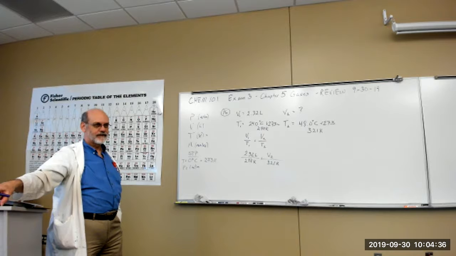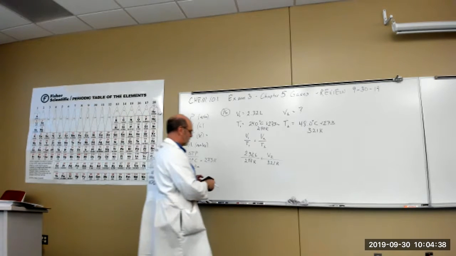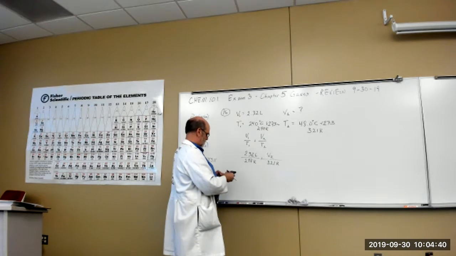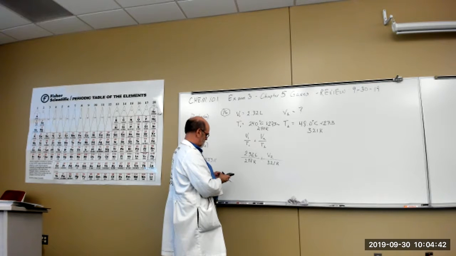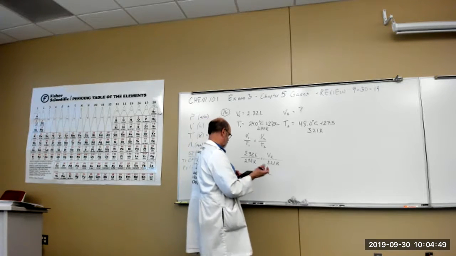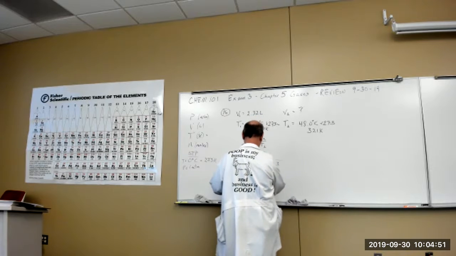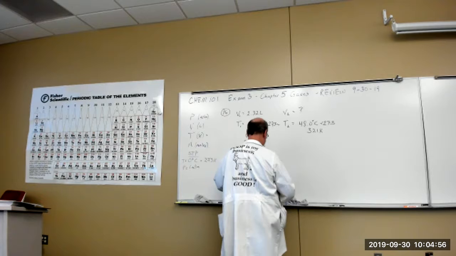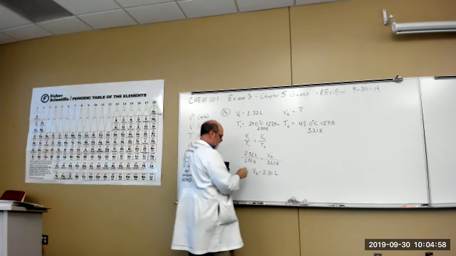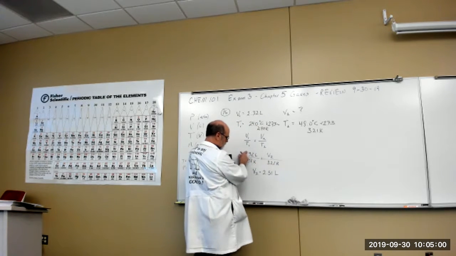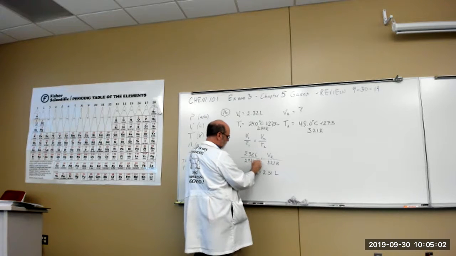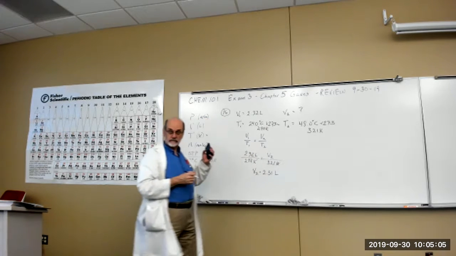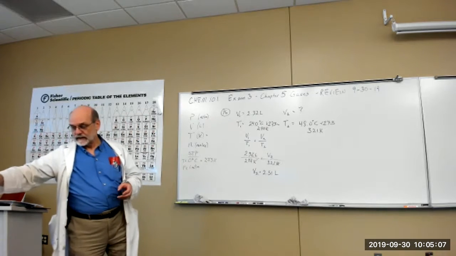You got it? So would it be 2.50747? Let me see. Yeah, 2.51 liters. Notice that when we move this one over here to do the calculation, the K's cancel and leaves us with liters. Okay?